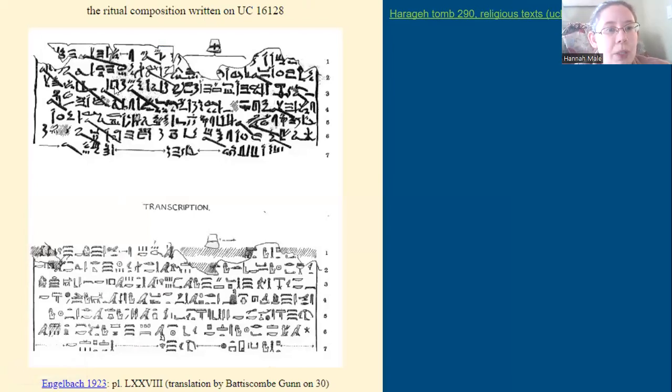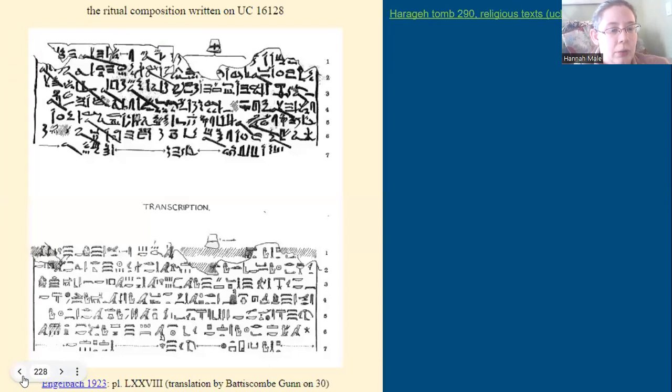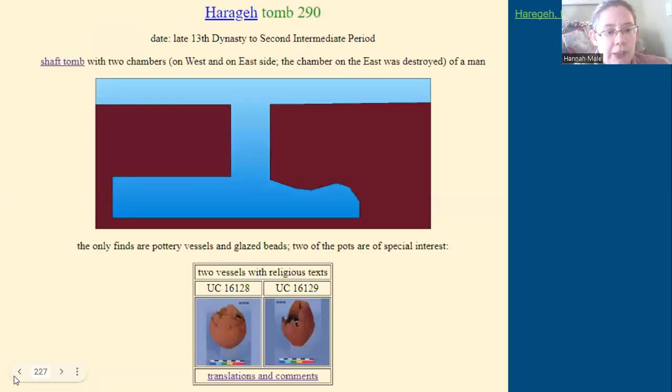So this is a drawing, and the original translators are given here, of what the hieroglyphs actually say. And then this is the English translation of this object here.